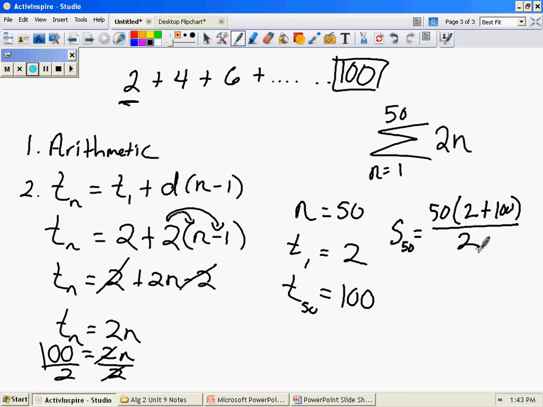And let's go ahead and work that out on our calculators here. 2,500. 2550 is what we're getting.